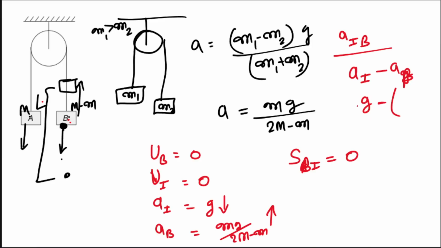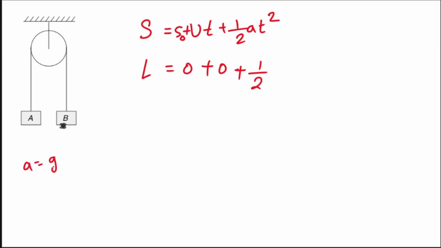So down direction को अगर मैंने positive लिया because I'm writing plus g, so up direction को I need to take negative. So negative of mg divided by 2M minus m. समझ रहे हो ना? क्योंकि एक है down, दूसरा है up, so एक को अगर positive लिया है, दूसरा negative होगा. Now what will be the relative acceleration? g plus this. So relative acceleration is g plus mg divided by 2M minus m.